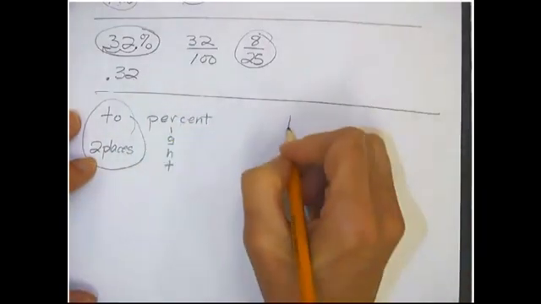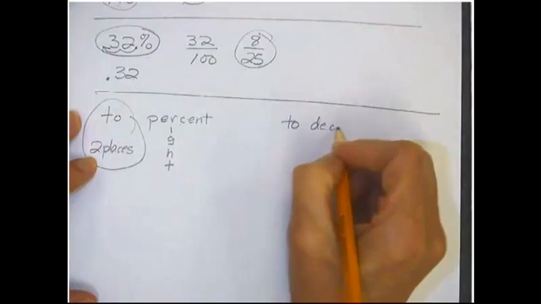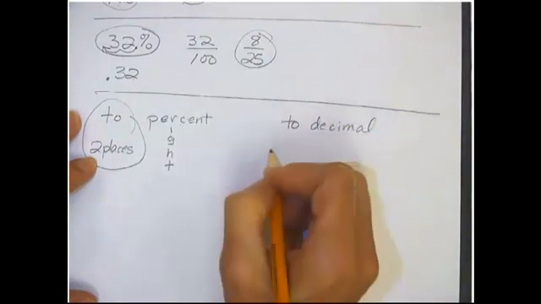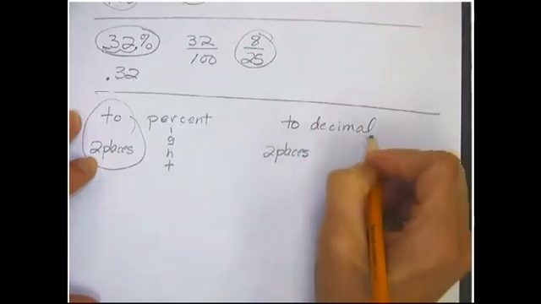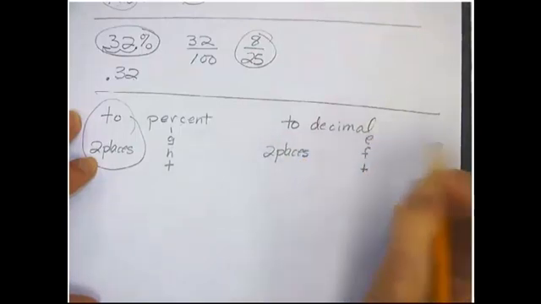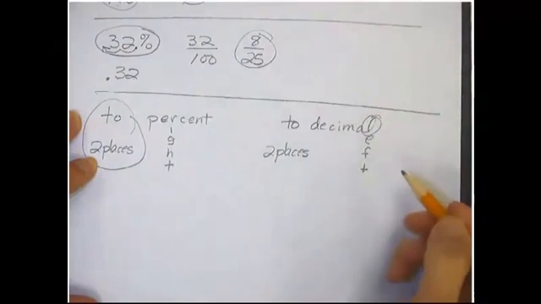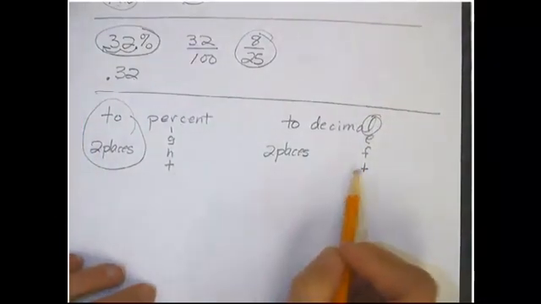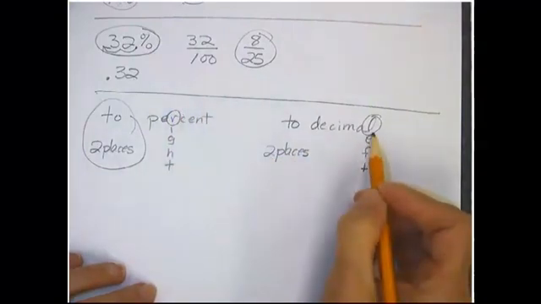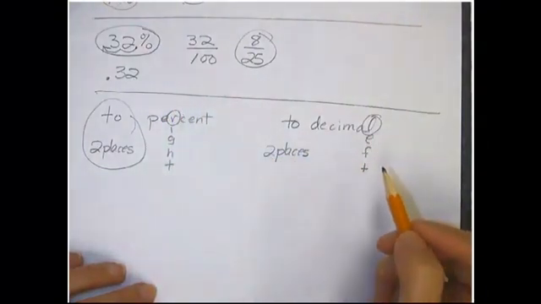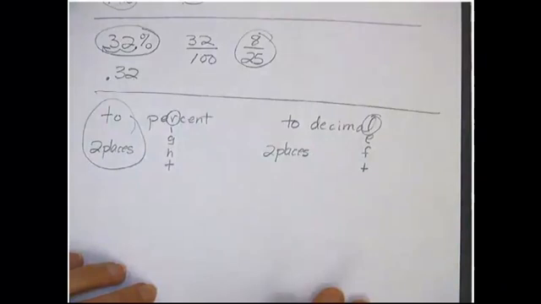And if you're moving to a decimal, you're going to go 2 places to the left, because there is an L in decimal. Now, of course, that isn't why. The fact that there's an R in percent and an L in decimal just makes it helpful for us to remember. That isn't exactly why, but it helps us remember.